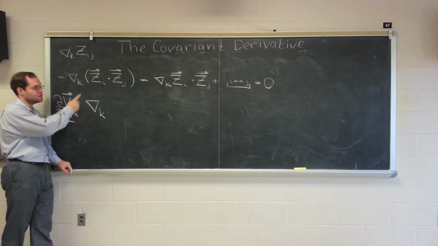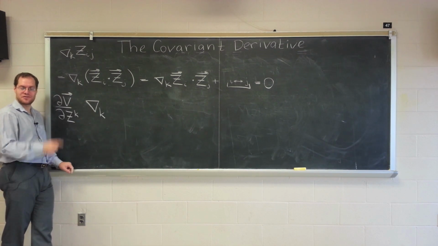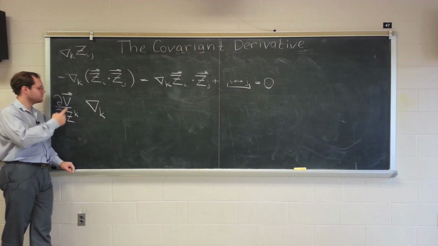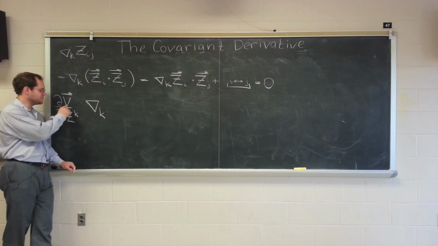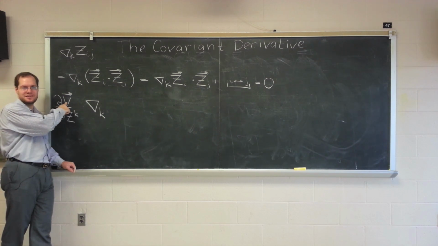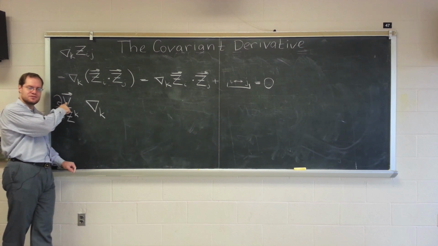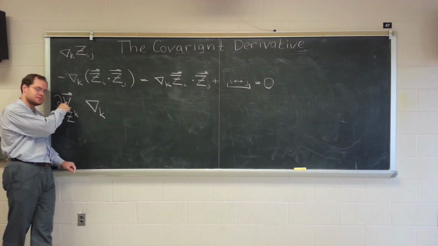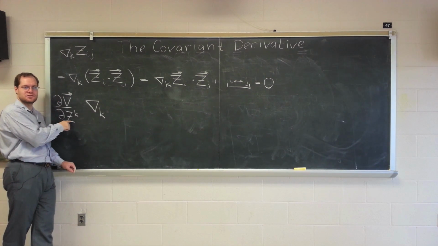So let me repeat the whole algorithm of the covariant derivative. It's the partial derivative plus a Christoffel term for each index. But if there are no indices, then there are no Christoffel terms. One index, one Christoffel term. Two indices, two Christoffel terms. 7 indices, 7 Christoffel terms. 0 indices, 0 Christoffel terms.